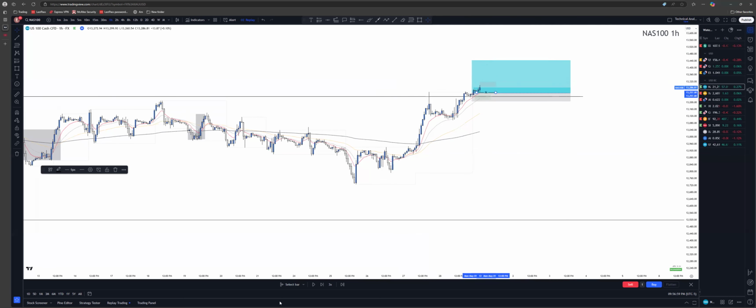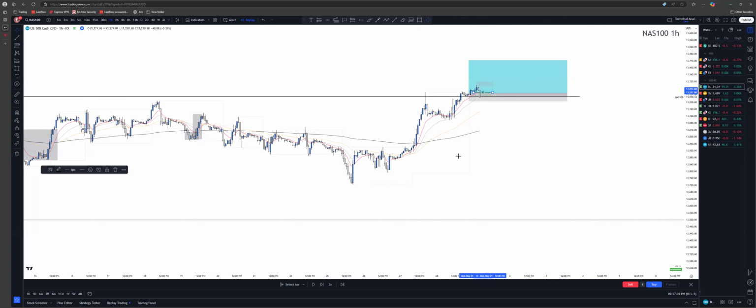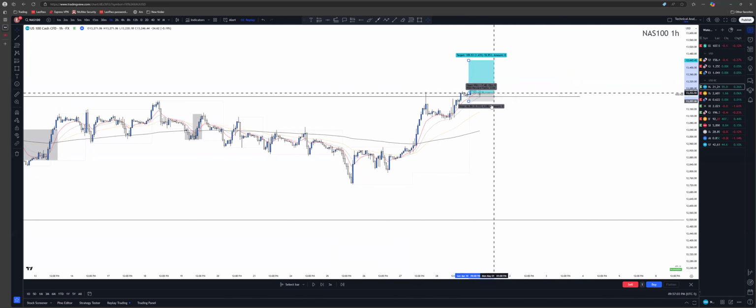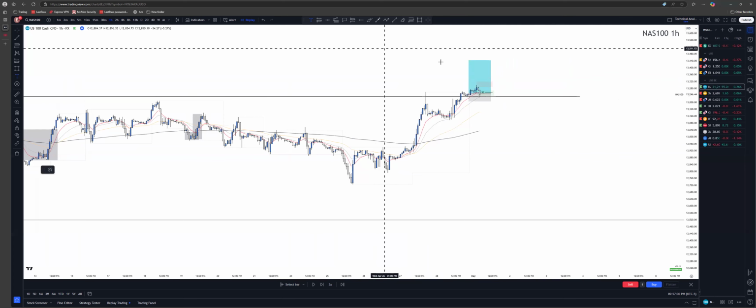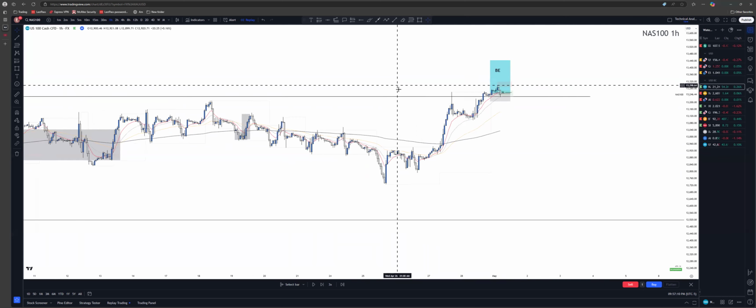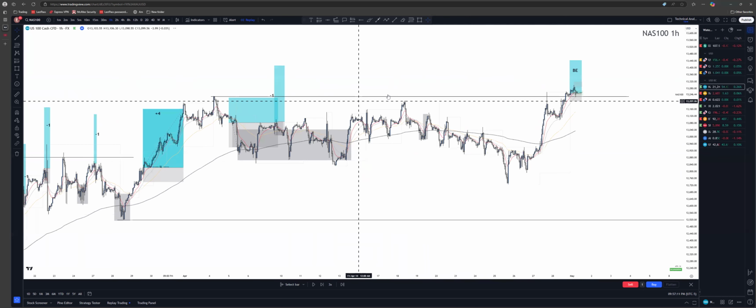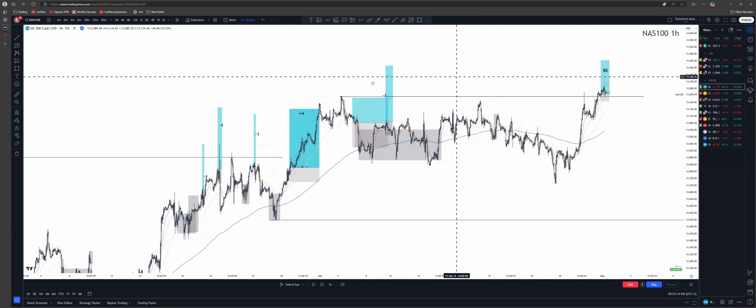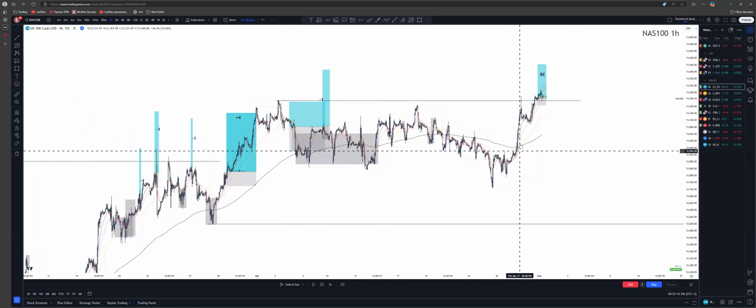That was an amazing opportunity. Okay, and we took a break even. Okay, break even in the books, and we have reached our target. And we did miss a very clean entry down here.